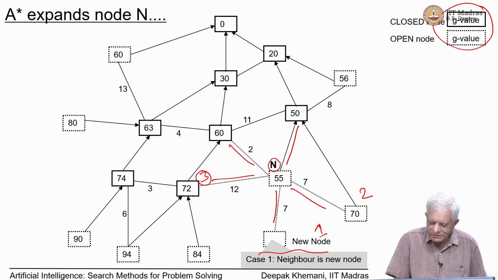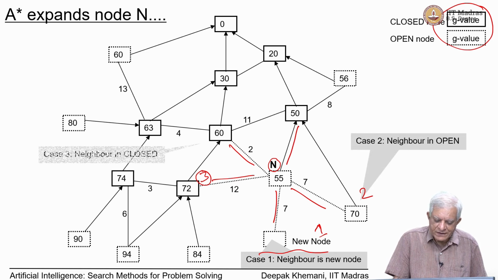As I said, case 1 is a new node, case 2 is a node already on open, and the other nodes are those already on closed.